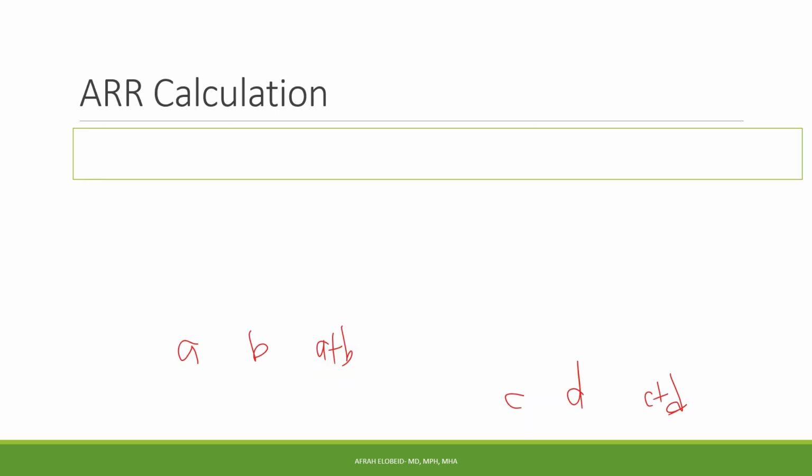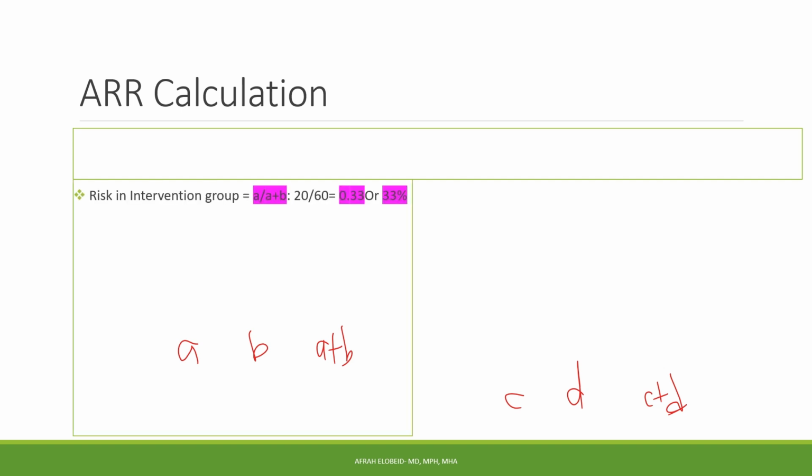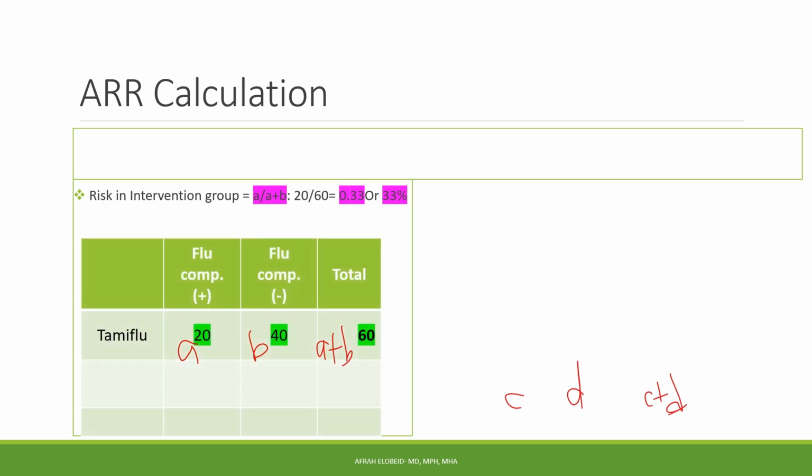Now we move to the absolute risk reduction calculation. And we have here, as we said, the risk in the intervention group. We take this 2 by 2 table from our previous one, and we calculate the risk. As we said, the risk is you take cell E, which is the number of patients who have flu with complication.